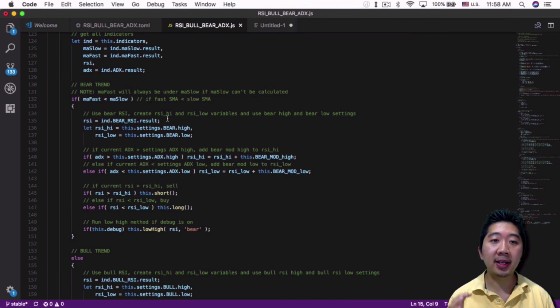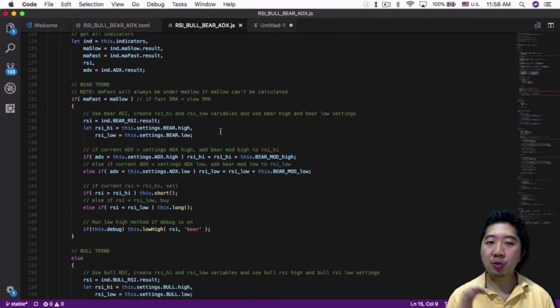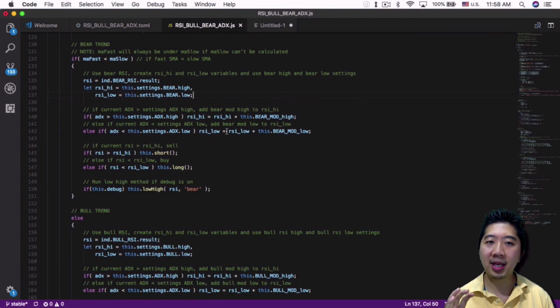So right now we're assigning the RSI to the bear RSI setting, which is 25 interval. And then the high and low, we're also assigning from the bear. The bear has a 56 for the high and 13 for the low. So that's what we're doing for the first couple of statements. After that, it goes and checks the ADX.